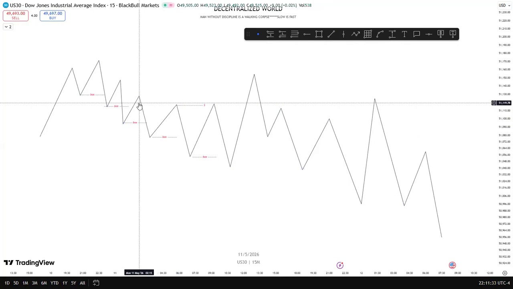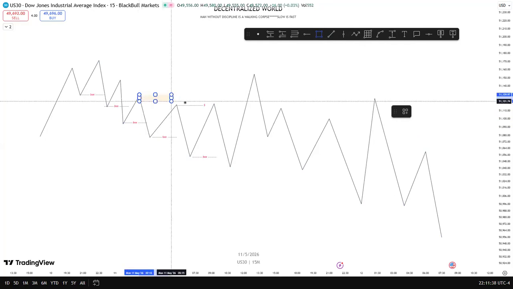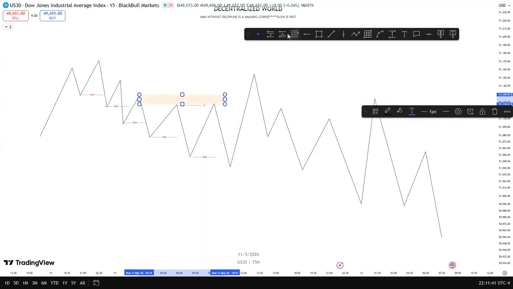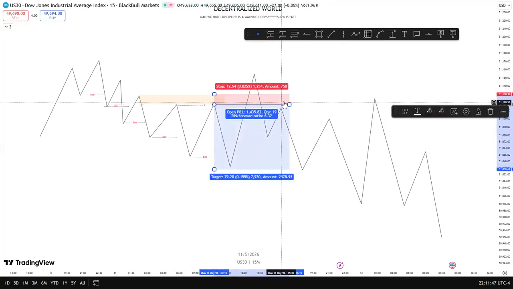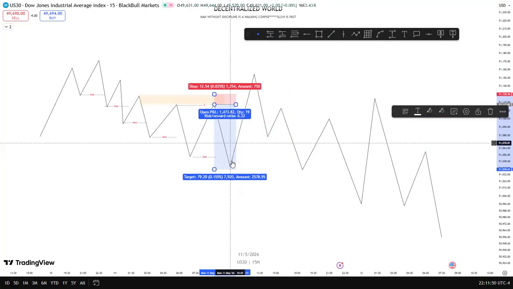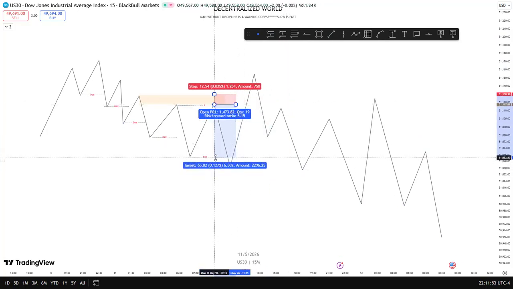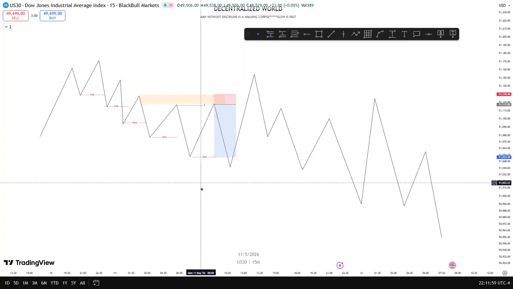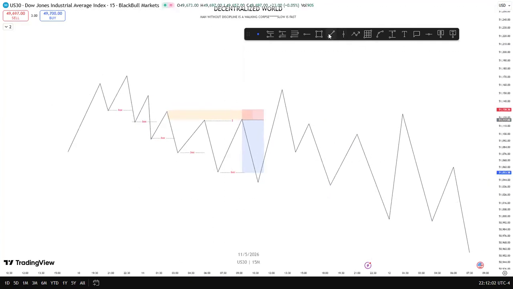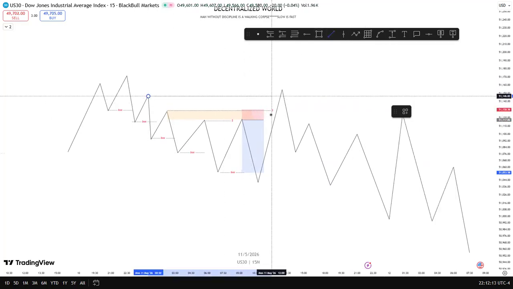So price takes it out from this zone, right? Takes it out to break the structure. And then other things here are liquidity as well. This one here is also liquidity.